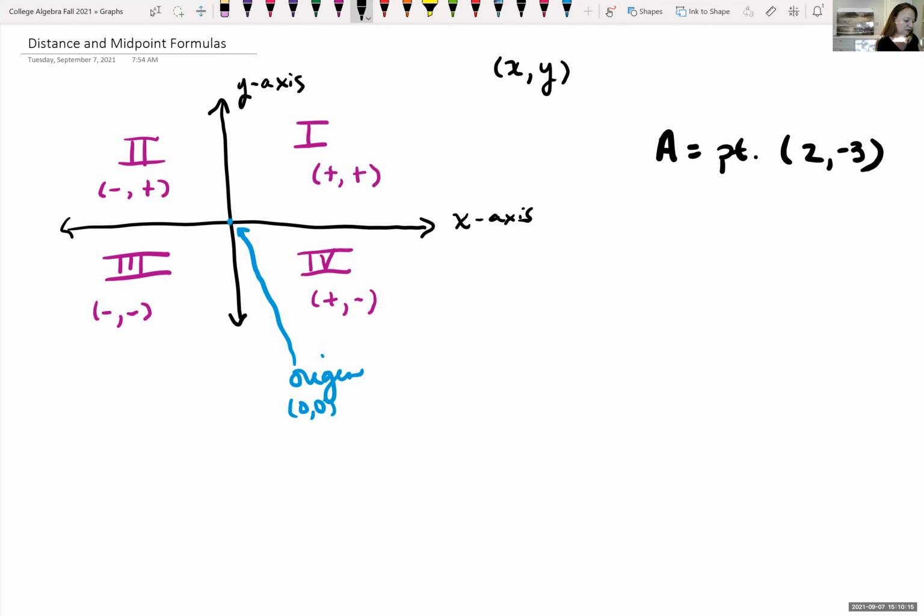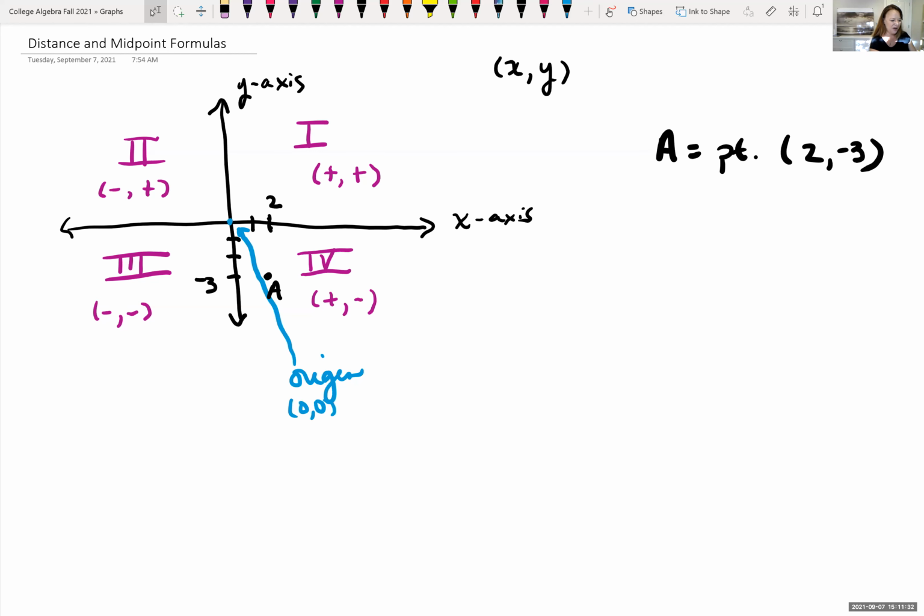I'm going over 2 in my x direction, and my y is -3, so I'm going to go down 3. Where those meet is where my point (2, -3) is. This falls in the fourth quadrant. If you need me to, we can go through plotting more points, but if not, we're going to move on.